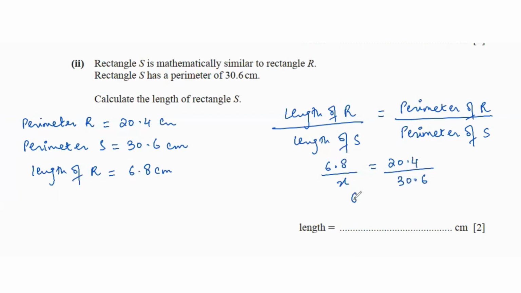So we're going to do 6.8 times 30.6 divided by 20.4 equals x. 10.2 centimeters is the value of x.